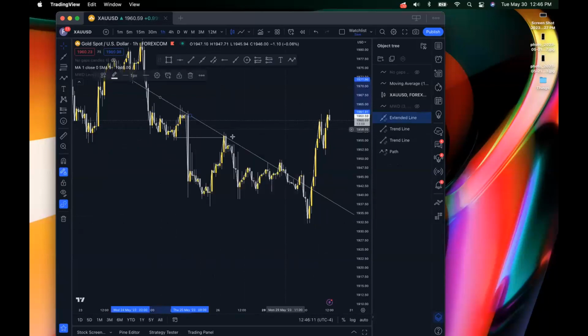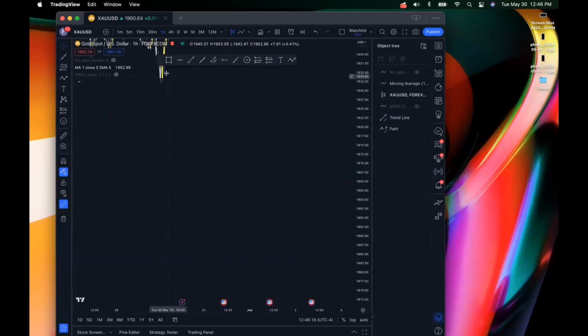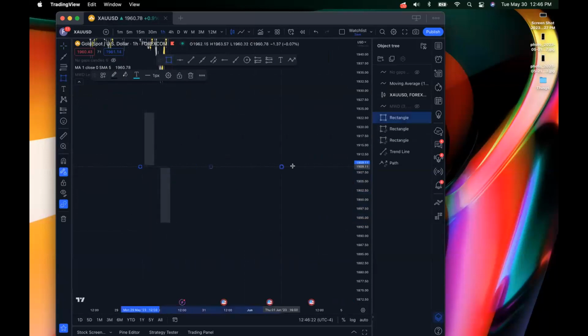I want to clear up one thing with gaps as well. We already know there's two types of gaps. Our level right here. We want to see price come into it, respect it, and then come back into it, and then we can enter.